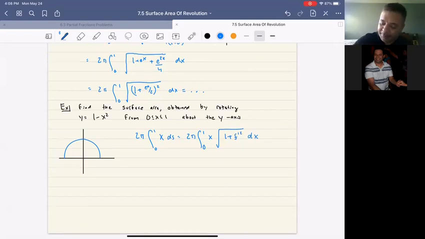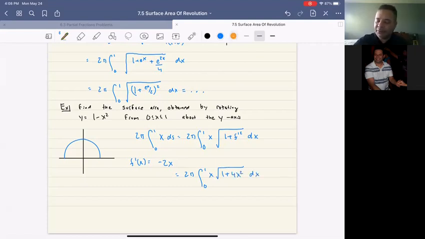What is f prime? F prime of x is just negative 2x. Okay, so we're going to have 2 pi integral from 0 to 1 x square root of 1 plus 4x squared dx.